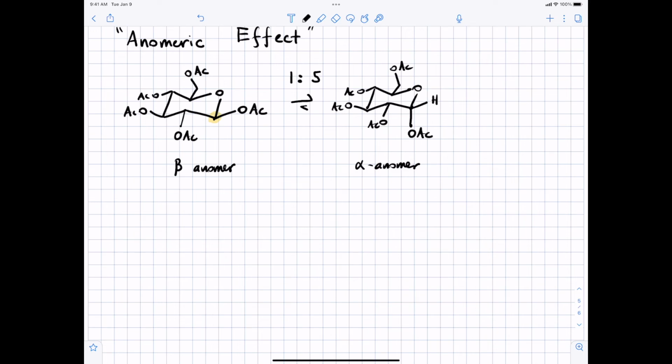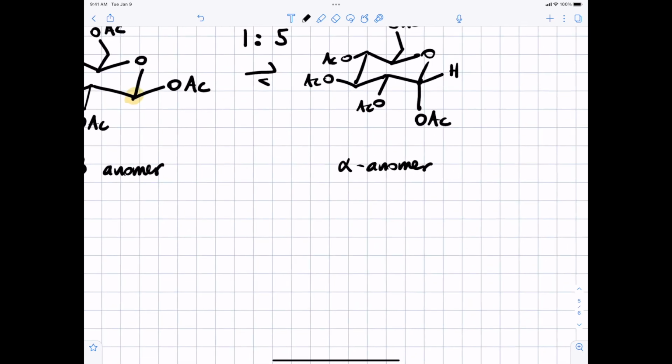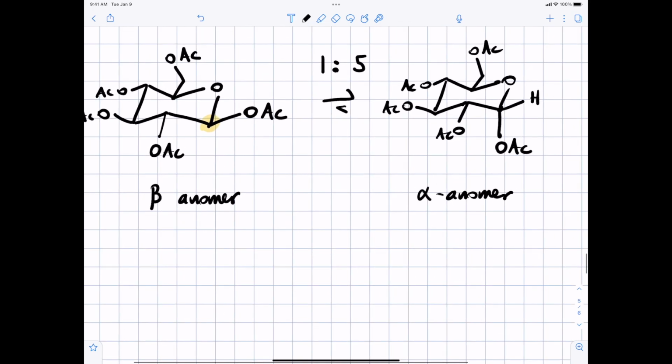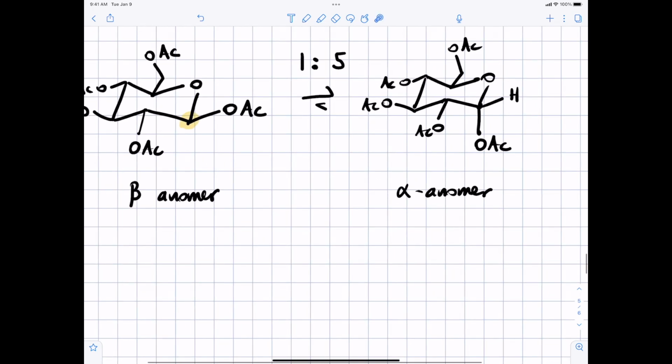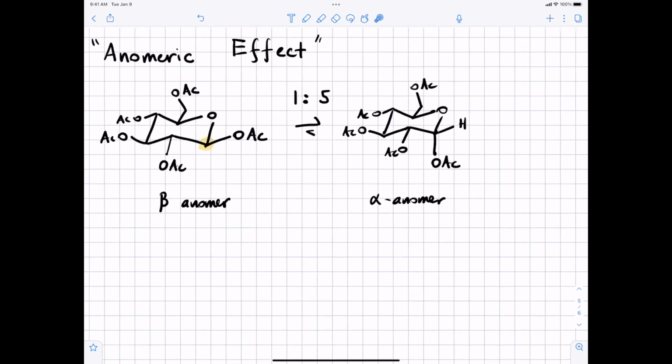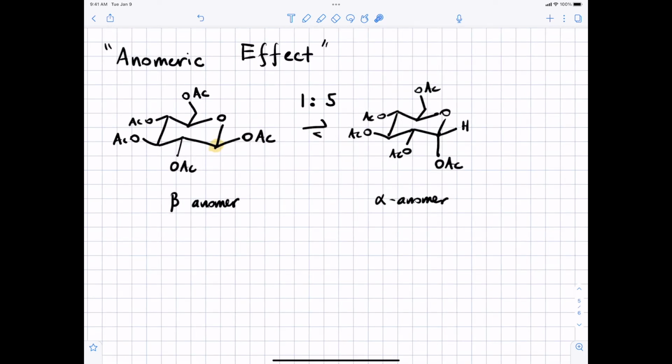If it's not sterics, it's probably stereoelectronics. So what do you see different in terms of the possibility for hyperconjugation and donor-acceptor interactions with these two conformations, or these two actually diastereomers?